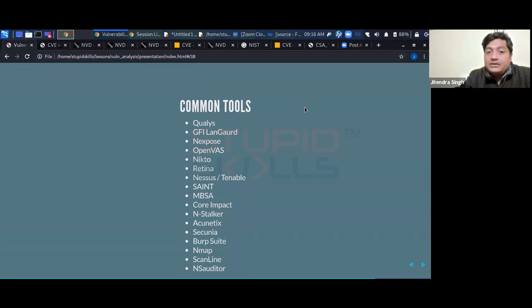Nessus earlier had a free version, but now you have to download an evaluation version from Tenable. Then there is a tool called Saint, and I heard that there is a tool called Satan also. Okay, and then you have Microsoft's MBSA, then Core Impact, and then N-Stalker, Acunetix, Secunia, Burp Suite.